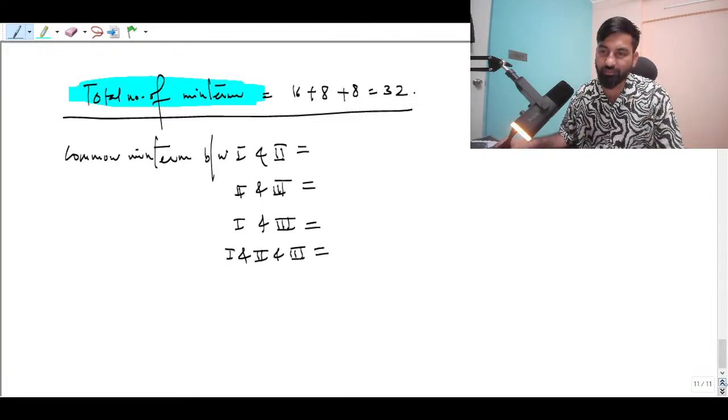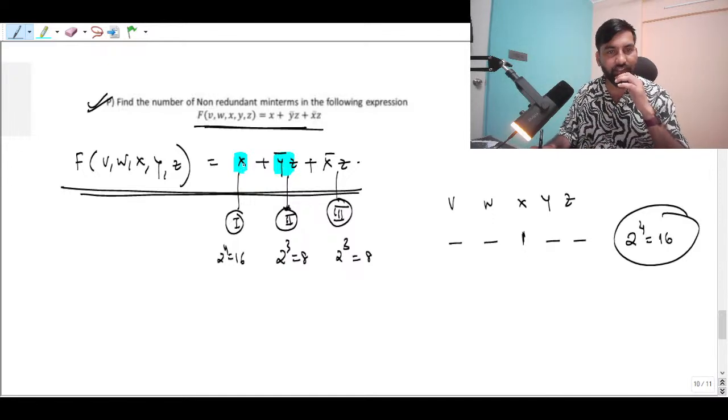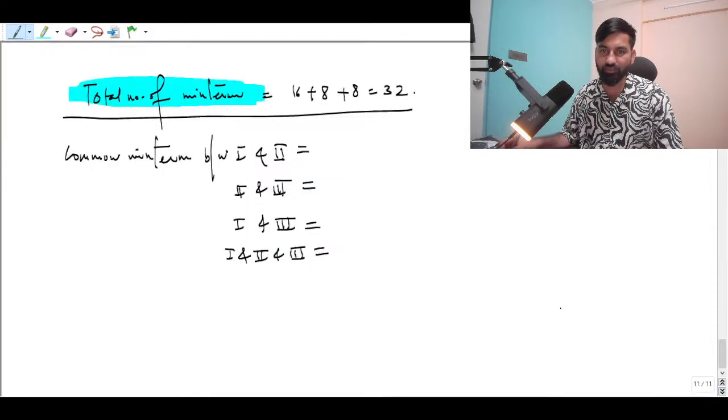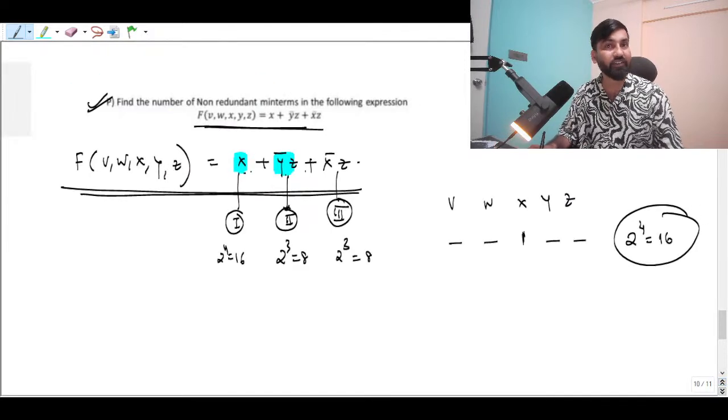So can somebody tell me how many minterms are common between the two? Let us take here, there are three literals present, x, y bar, g. I'm trying to find the common minterms between first and second, that is v, w, x y g. There are three literals present, and only two literals are missing.